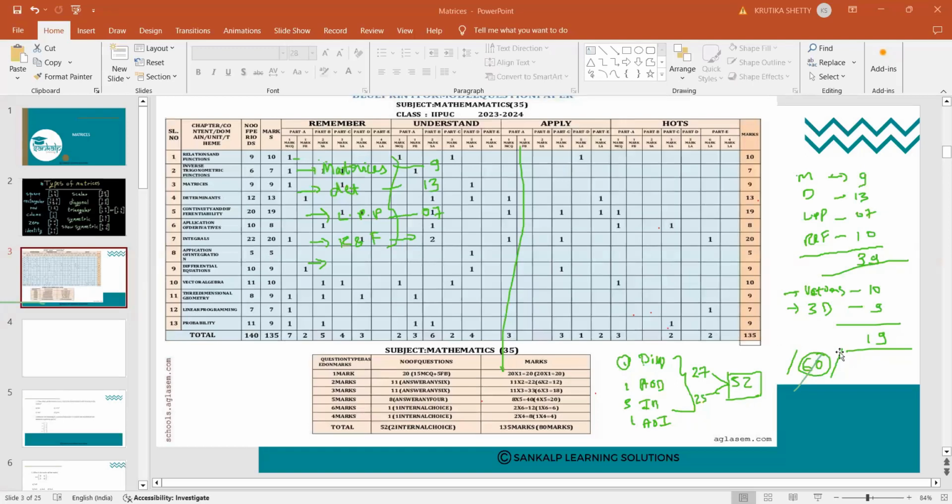But the 60 marks you can score very easily without much help of trigonometry. So when you take the total of 60 and 52, it will be equal to 112 marks. So out of 135 marks, you will be able to score 112 marks.